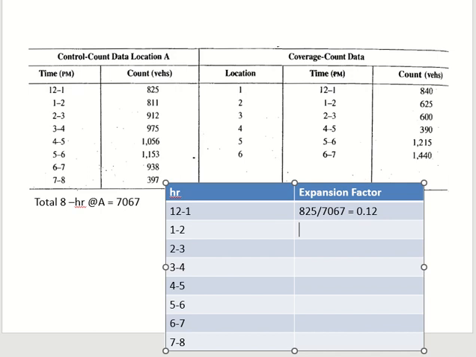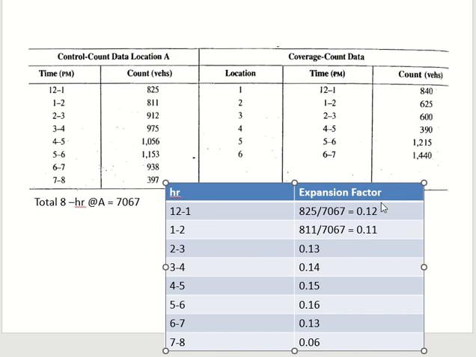Similarly I will do it for the other hours. The location is the same, control. If you do 811 divided by 7067, it is 0.11. Similarly we will do it for the other hours as well. These are the expansion factors. I use the same method to calculate them.